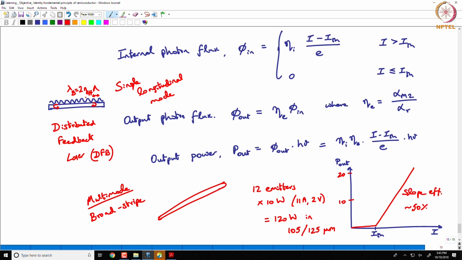I think the highest efficiency for a commercial device is about 65%. That just means that you start with a very good material, you have very little background losses, and you are able to give a structure where the conversion efficiency is very high.